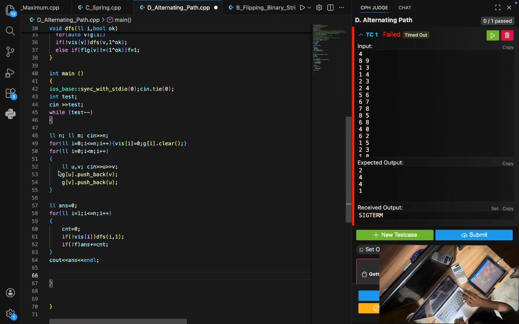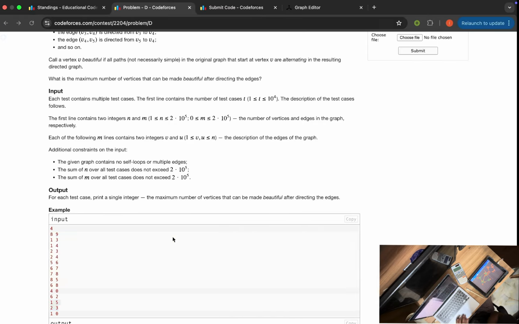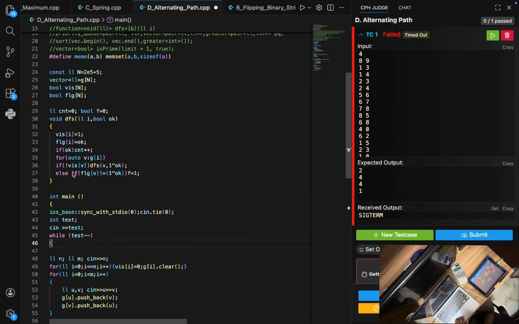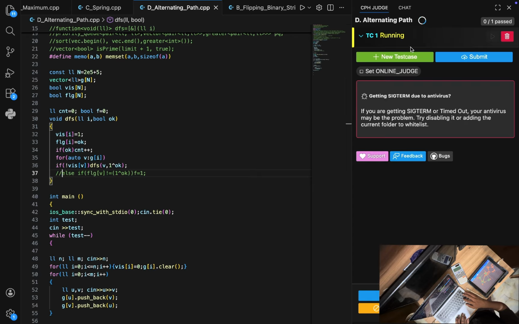Okay, clearing input. Not visited, count. If not visited, then it's going to visit. Okay, so everything looks fine actually.